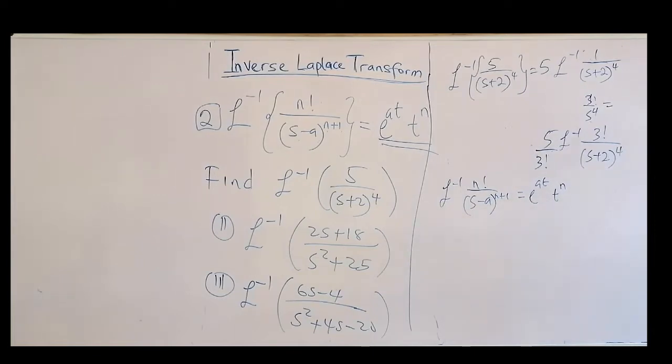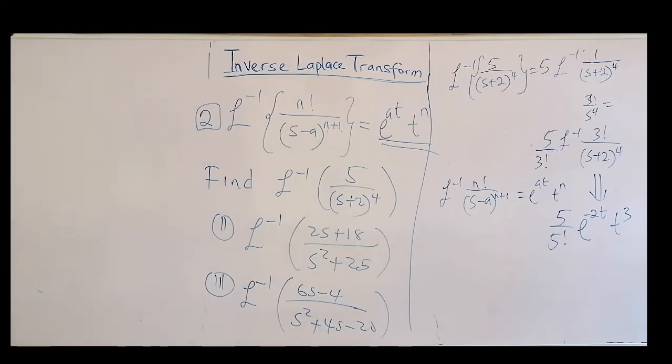So if you are having plus now, like we did here, our answer will be 5 over 5 factorial, exponential e^(-2t), and then t^3.